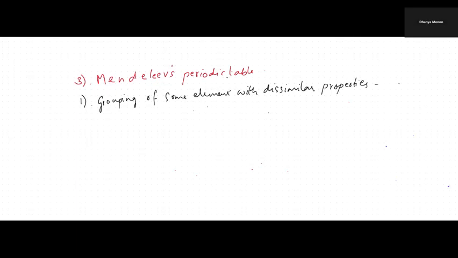For example, next to potassium, he placed copper, and next to rubidium, he placed silver. These were totally dissimilar properties.